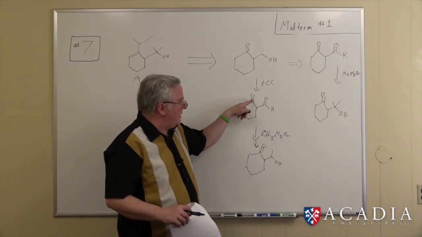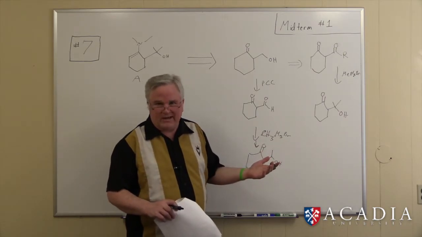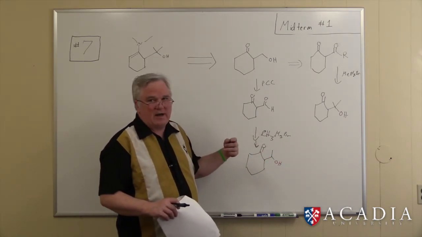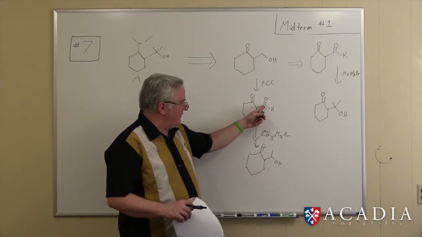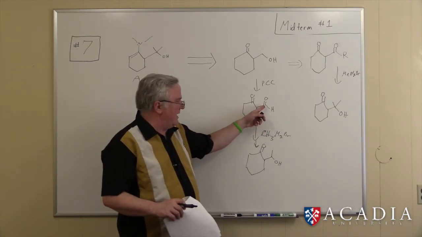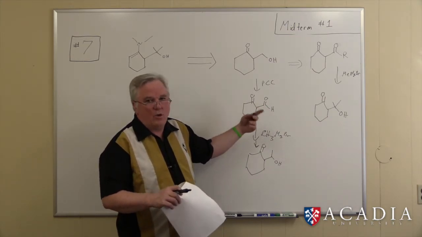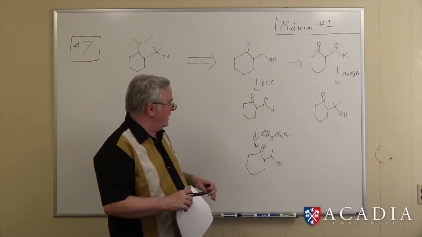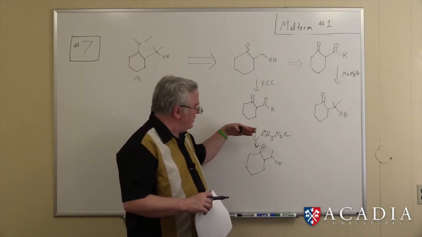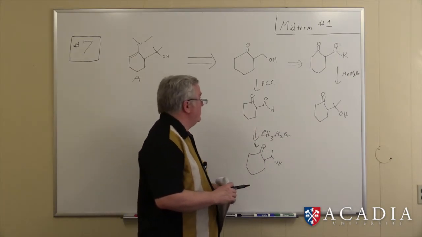Can we protect one of these over the other? Might be difficult to do. In fact, if we tried to protect, this is the more electrophilic carbon. This is the carbonyl group that is more likely to be protected if we tried doing it with one equivalent of some protecting group. So this is not really a viable reaction.